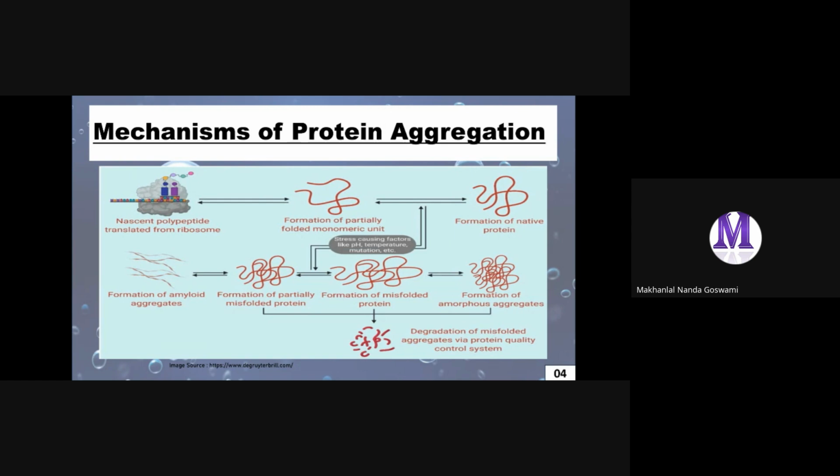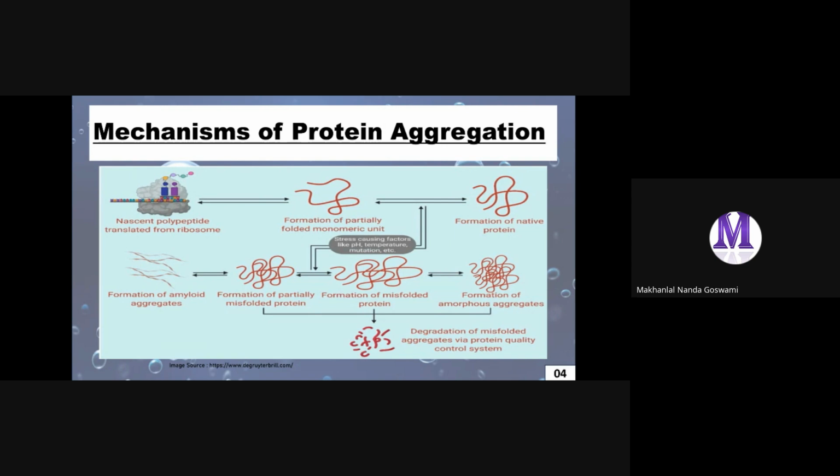This is the initial step in protein synthesis where the genetic information from mRNA is translated into a sequence of amino acids. Then, the next process is the formation of partially folded monomeric unit. After translation, the polypeptide chain starts to fold into a partially folded monomeric unit. This is an intermediate state in the folding process. And then the formation of native protein.